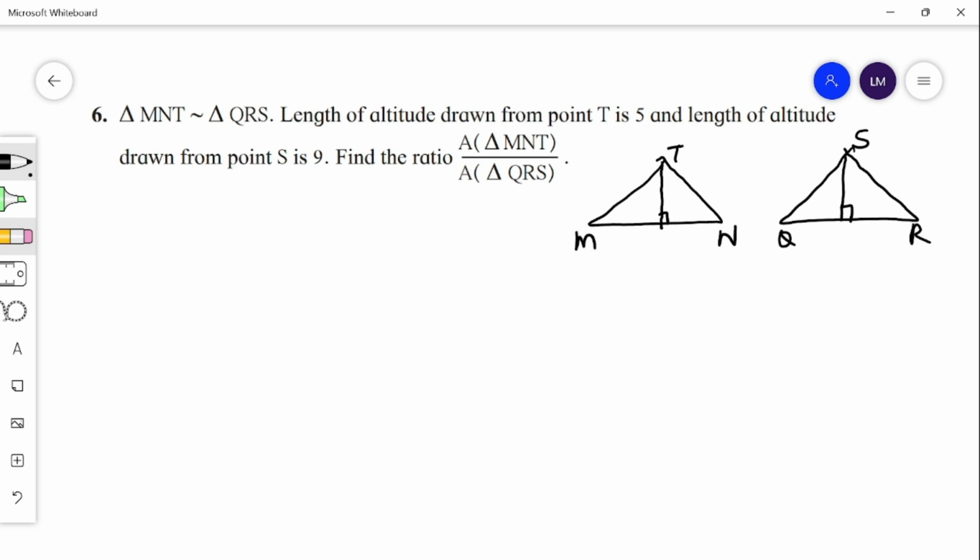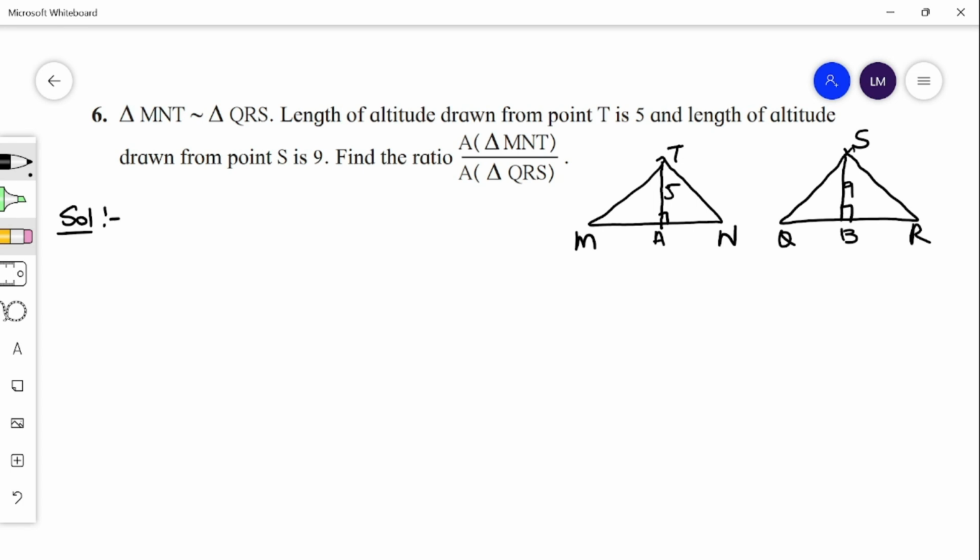Suppose we name them A and B here. So the value of TA is 5 and the length of the altitude from point S is 9, so the value for SB is 9. Solution.